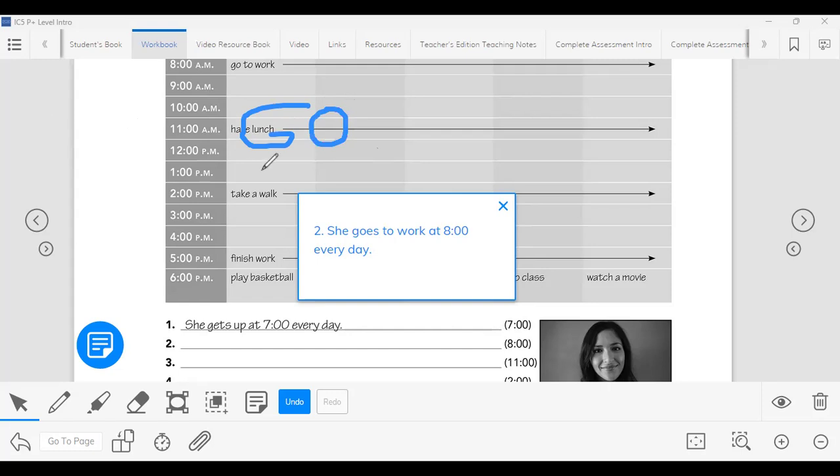Maybe you can help me with another example, where the verb ends in O. I am thinking. Okay, you're thinking.